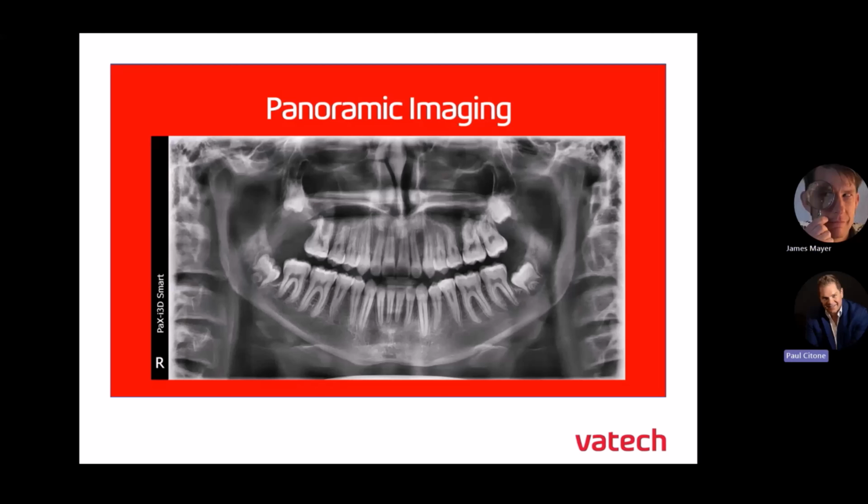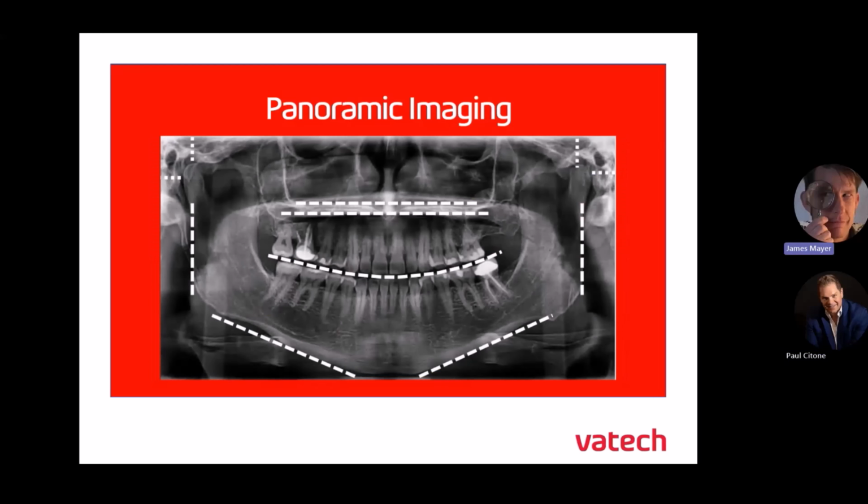Right. Several things. Why don't you take me through what we're seeing here and the six or seven evaluation techniques we use to look at a pan. The dashed white lines outline what we're looking at. We don't want the occlusion flat. We want a slight smile by having that 10-degree angle of the posterior teeth, which creates that slight smile you see there.